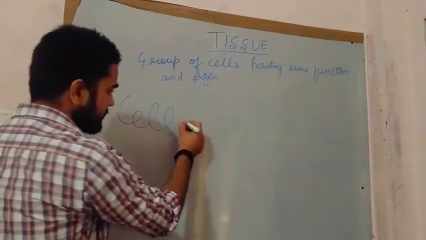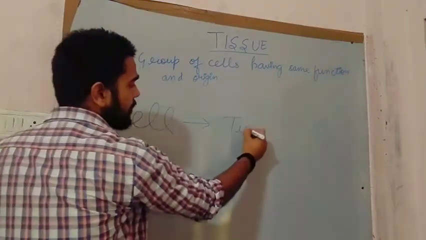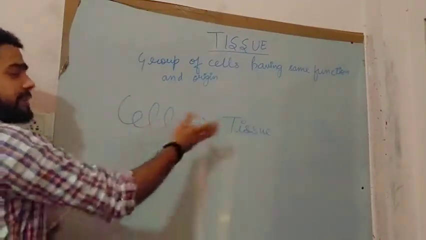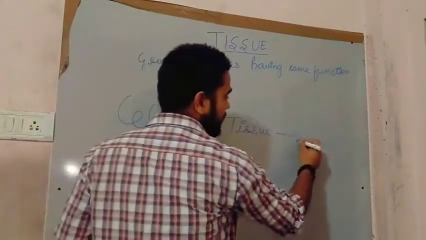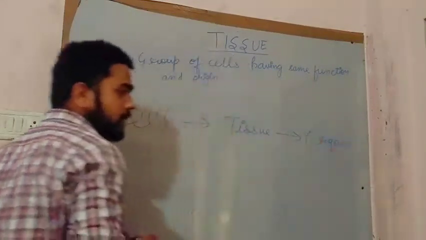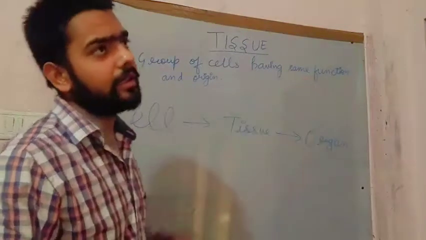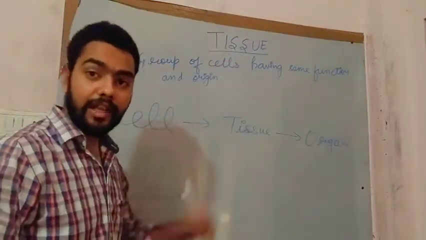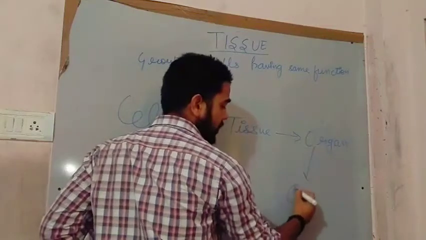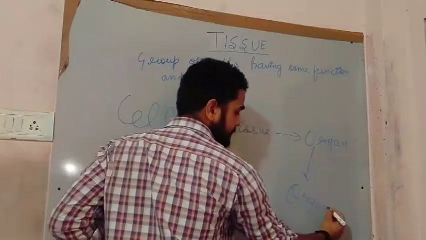A group of cells combine together to form tissue of same function and same origin combine together to form the organ. Then organ of same function, for example, an organ is for respiration, then every organ should be for respiration. Combine together to form the organ system.